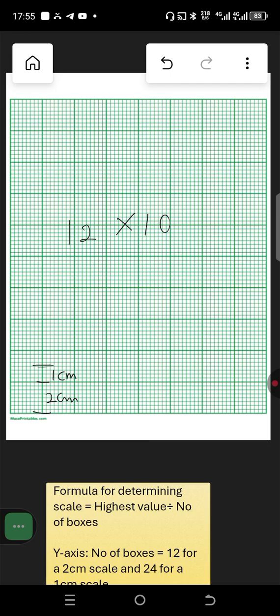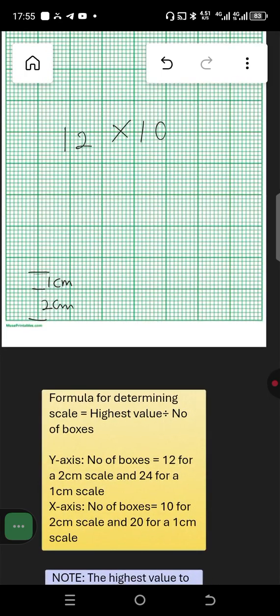In your physics practical, you will not have data values to plot that is beyond 6. So because of that, 2 centimeters is perfect for the scale that you want to typically plot in your physics practical examination. Now, with that being settled, let's quickly consider the formula that we will use for it.